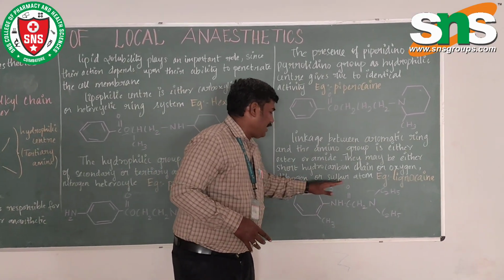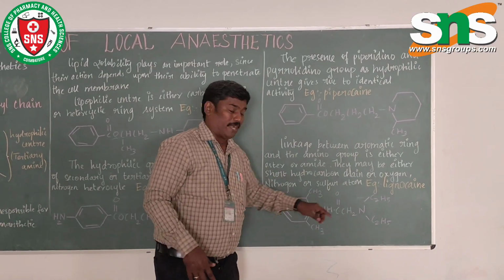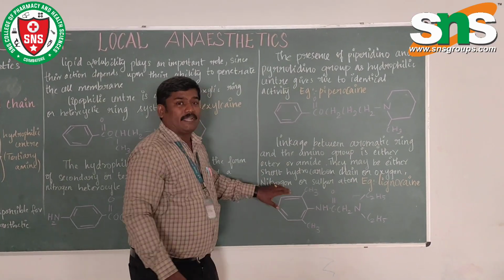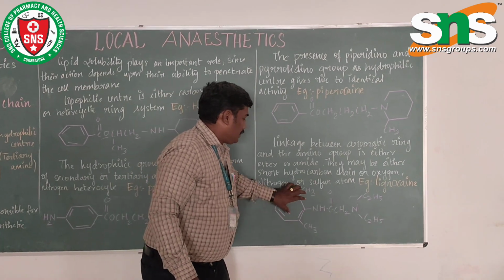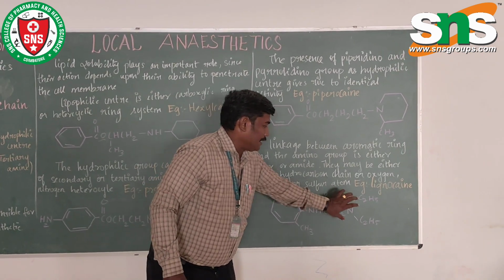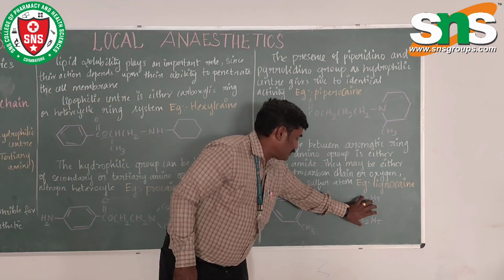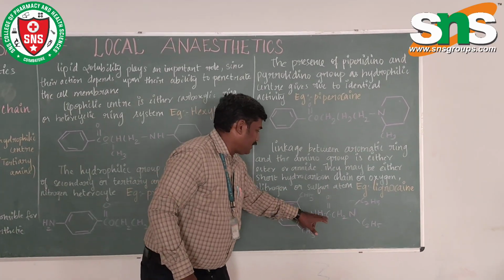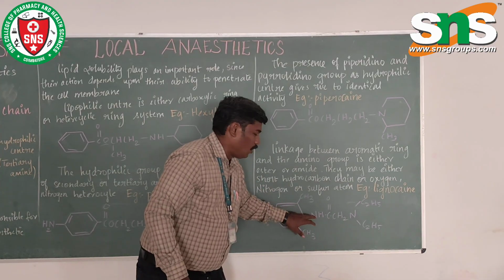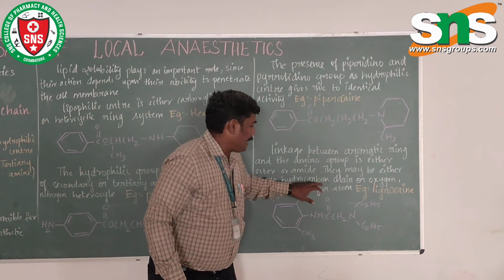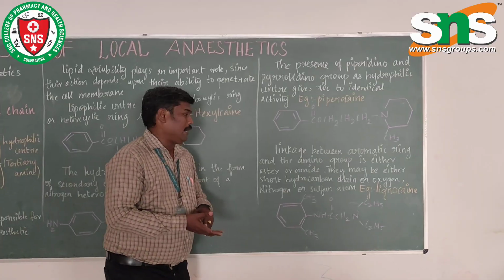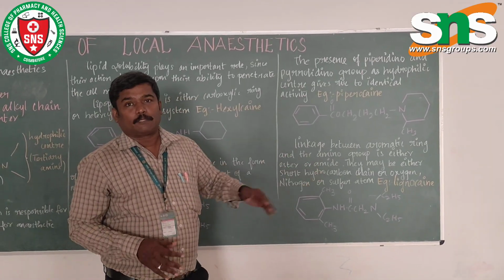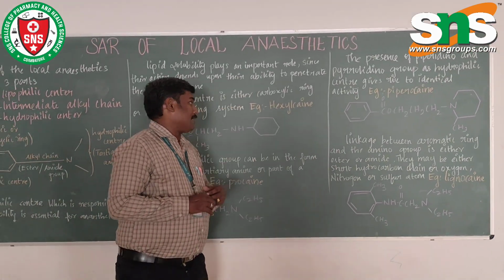Here we will find the structure of lignocaine, also called xylocaine. Xylene is attached and diethylamine is present, attached through the amide, CH2CONH. So the amide or ester linkage present in that is responsible for the local anesthetic activity.